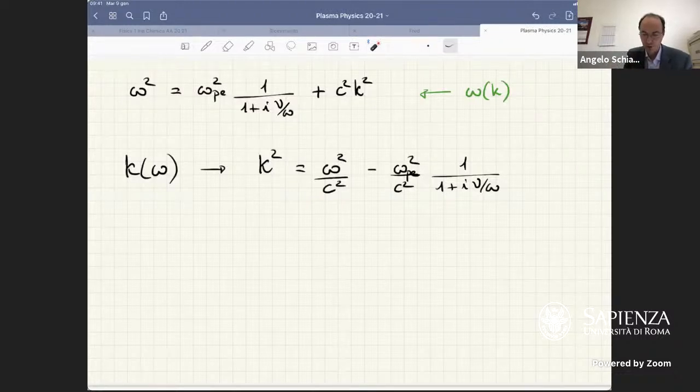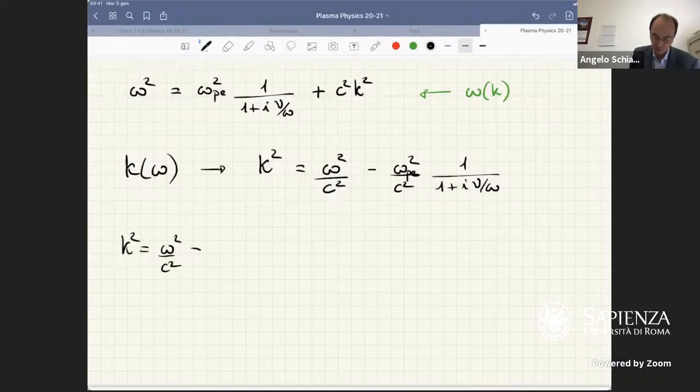So we want to get the complex part. So we multiply by the complex conjugate at the denominator. So we have the modulus on top, and we can get to k squared is equal to omega squared over c squared minus omega e squared over c squared.